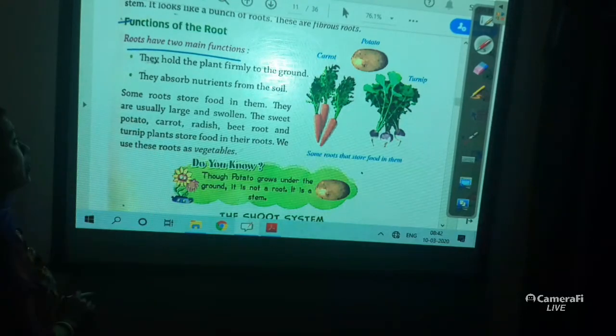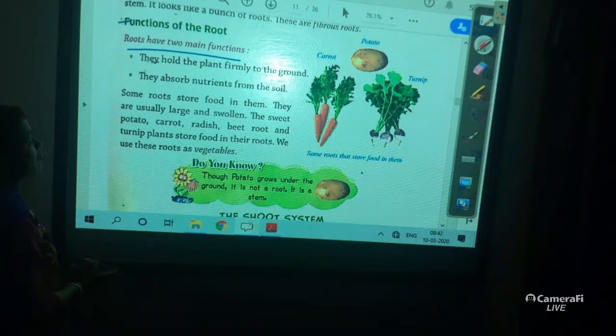One is they hold the plant firmly to the ground. What is the first work of the root? The roots hold the plant firmly or tightly to the ground. Roots hold the plant very tightly to the soil.